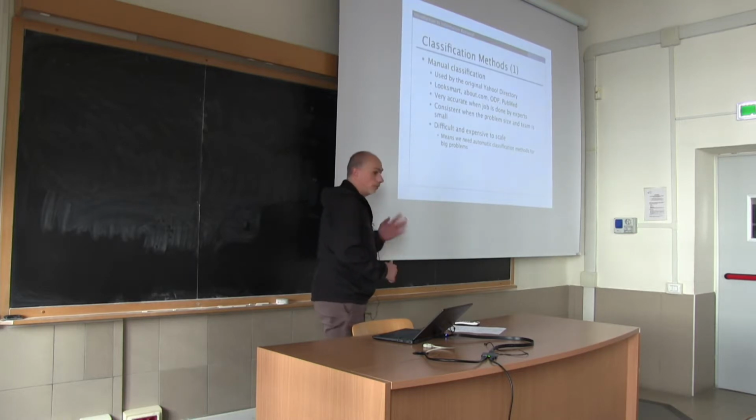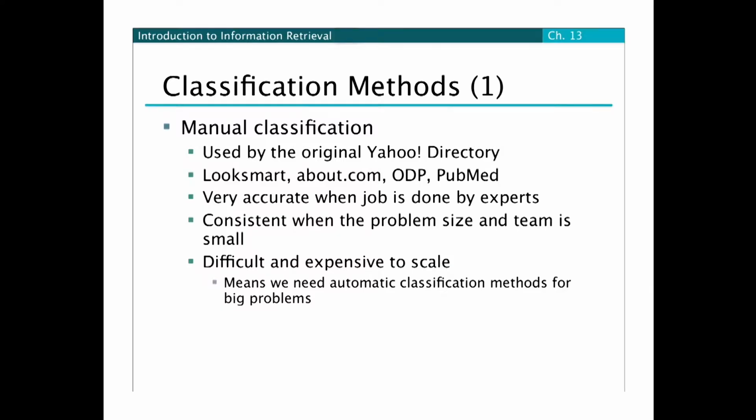But at some point you need to build, as I was saying, your data set. Either you do this manually, this has been done largely in the past, it is still done today. For example, if you go on the ODP, which stands for Open Directory Project, you will find a large collection of web pages which have been manually classified depending on their topic.